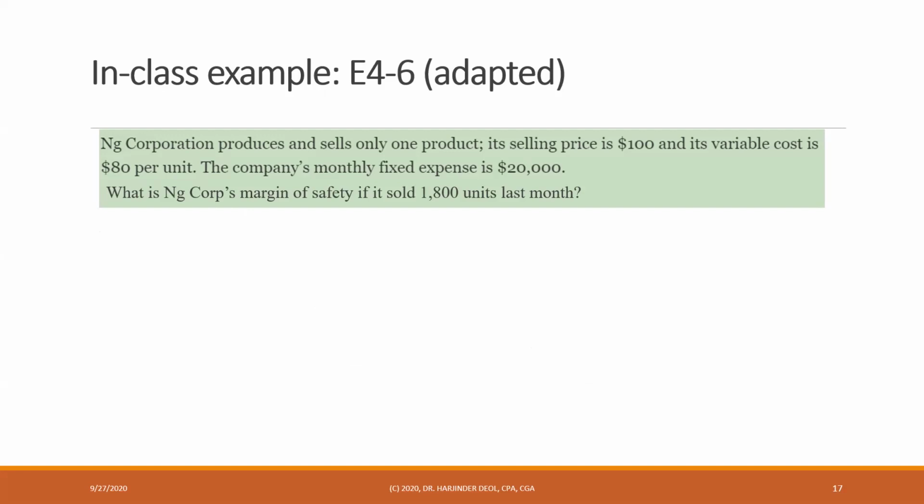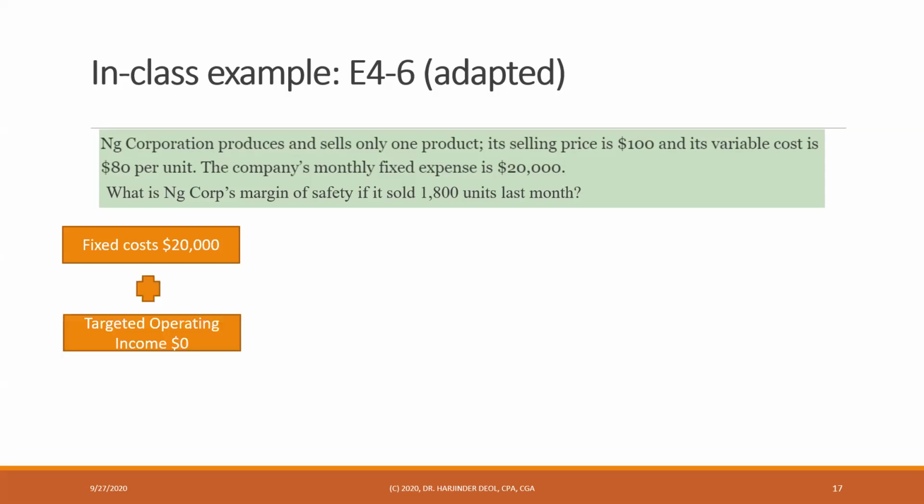So what is the safety net that they have? Your fixed cost is still $20,000. In this case, our targeted operating income is 0, so our total contribution margin is the same as our fixed cost, which is $20,000.